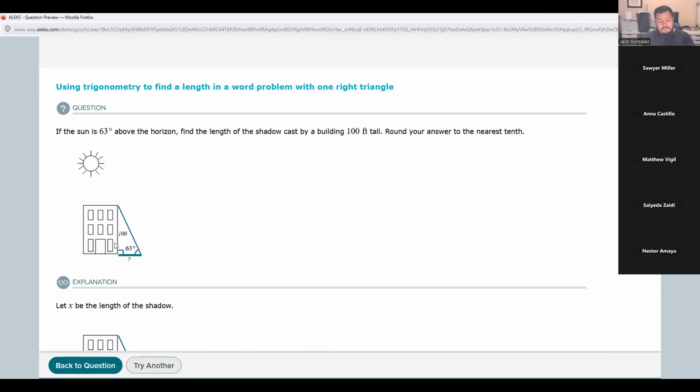Would it be sine? Sine. Well, we don't have the hypotenuse. We have the opposite. Would sine work? Let me see. No, because if we use sine of 63, then we'd only be able to solve for the hypotenuse. So we want to use cosine. Oh, okay. But I'm glad you mentioned it. Let's talk about why.